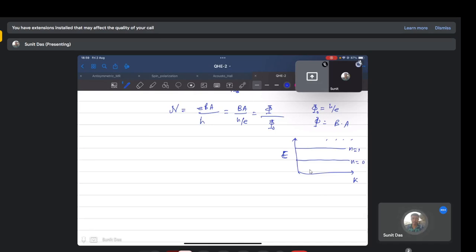Okay, so that was one point, and then next we'll move to turning on an electric field. So far we are considering only the magnetic field, but in experiment we always apply magnetic field as well as electric field. So let's do this problem where we'll simultaneously deal with the electric field as well as the magnetic field.